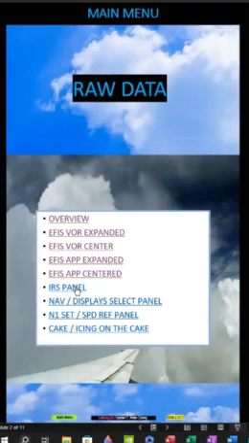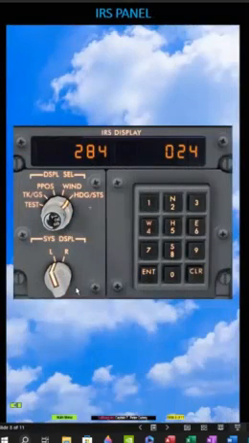Let's look at some other sources of raw data, which in many cases is totally forgotten by most pilots after they've completed the preliminary pre-flight procedure, is the IRS panel on the aft overhead panel.